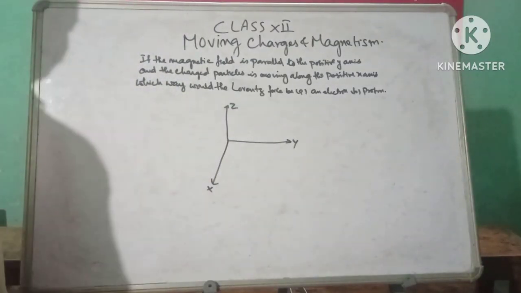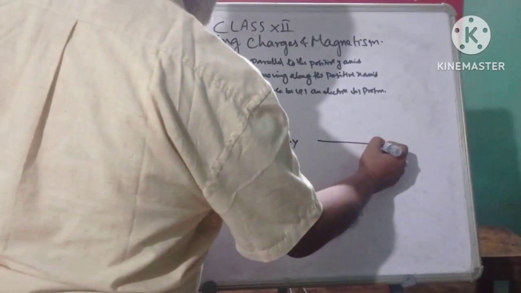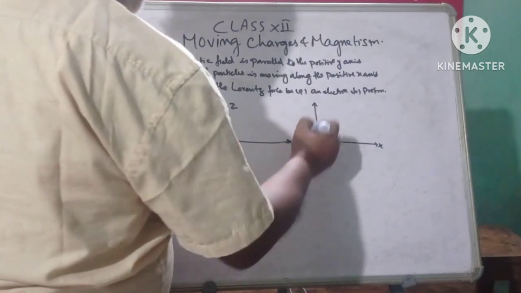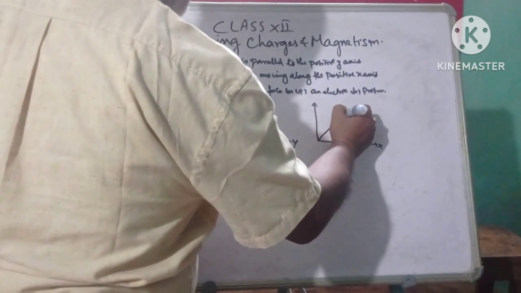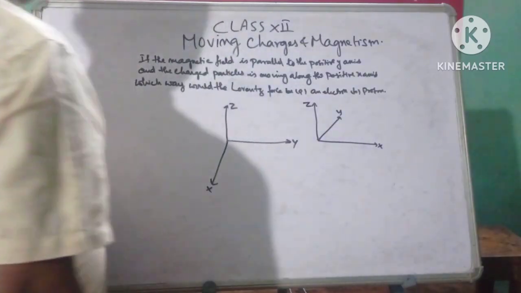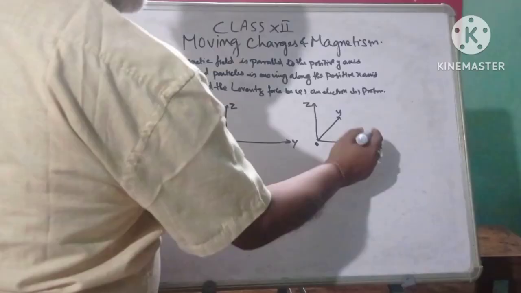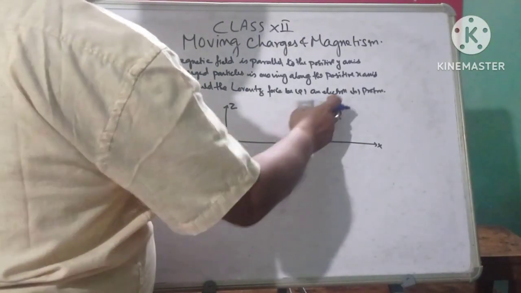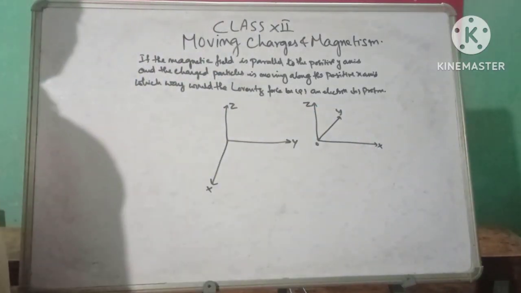But if you take this x-axis as positive and this z-axis as positive, then your positive y-axis will be in this direction.